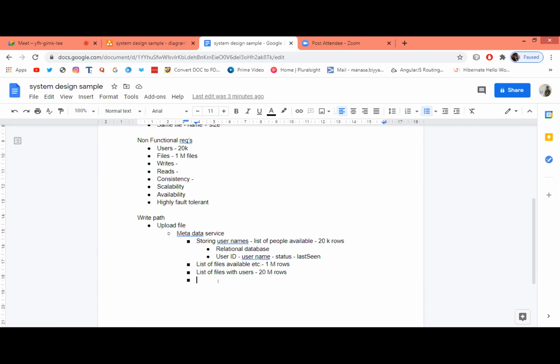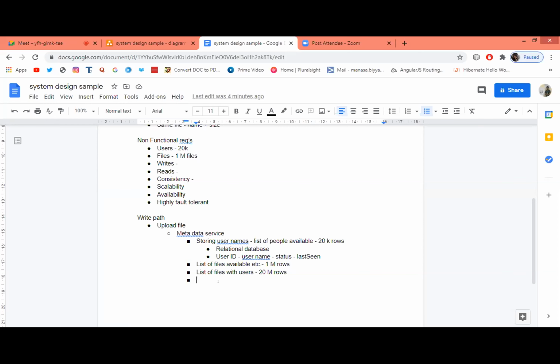One thing we can do is, among the existing user machines, we can choose some machines as priority servers, and only those will have the entire data.